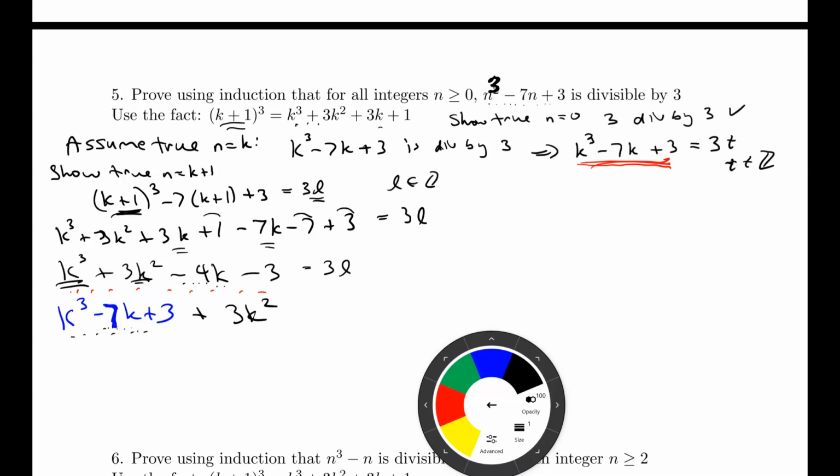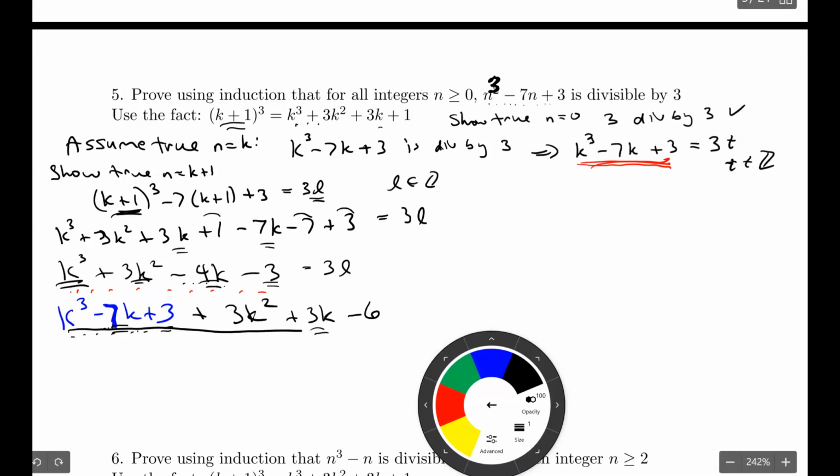And so in order to get a minus 4k left over, I'd have to have a plus 3k, correct? Because this plus this would give me this. So I'm not factoring, I'm just rearranging terms, right? So here I pulled out a positive 3. I'm supposed to end up with a negative 3, so that must mean I must have a negative 6.